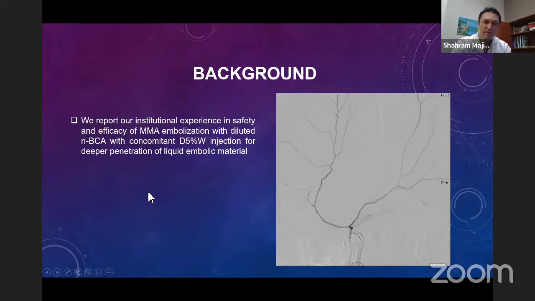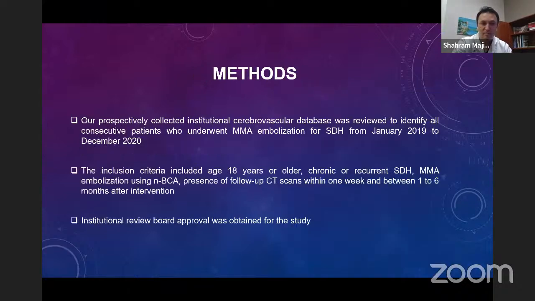We started this technique in 2019, and here we are reporting our experience regarding the safety and efficacy of this technique.